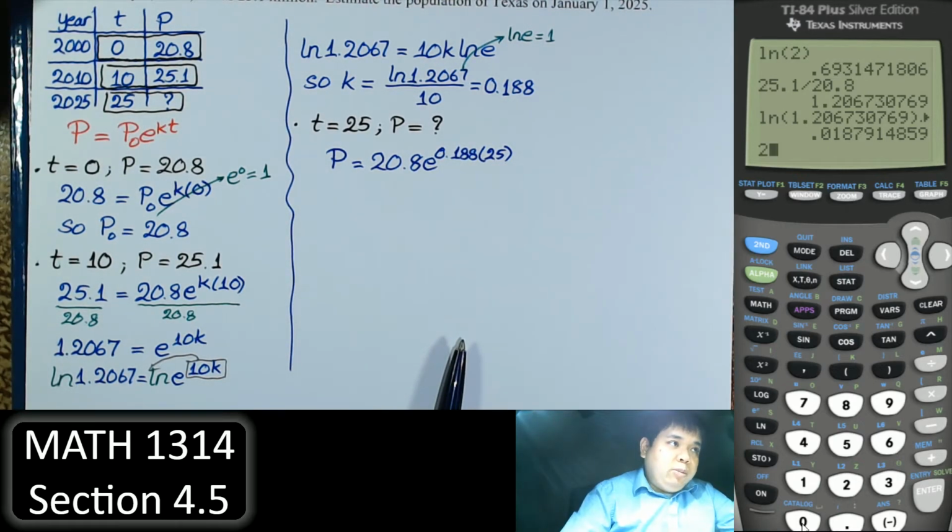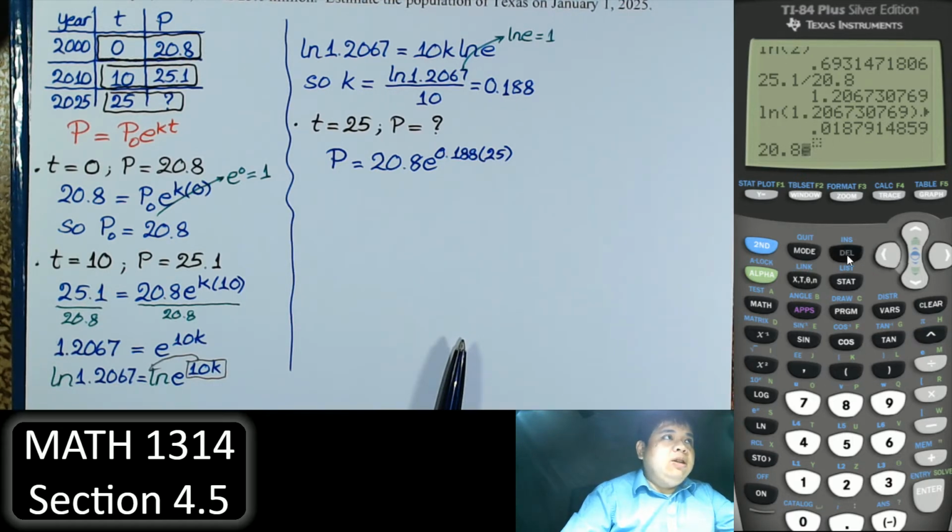So we have 20.8 times e to the power. If you hit second ln, we're just going to enter that exponent times 25.